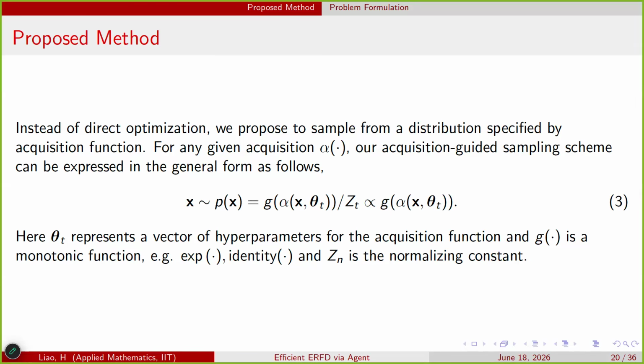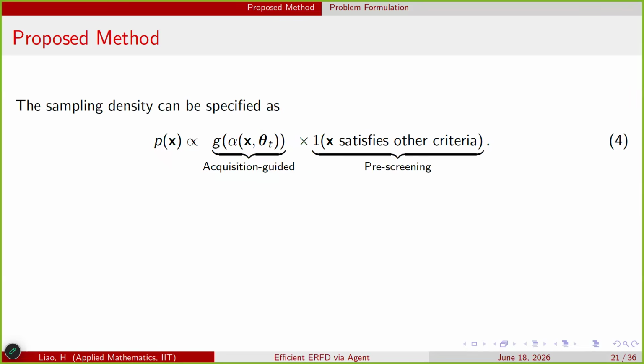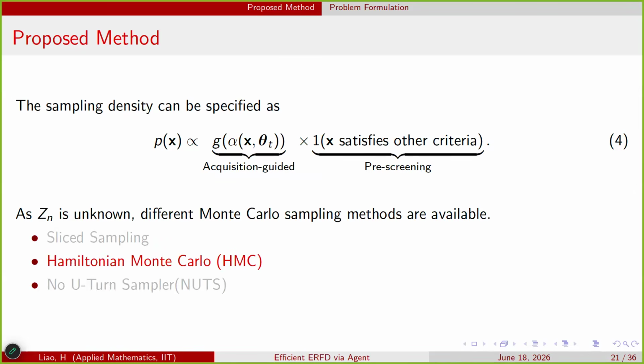It's very likely to be multimodal if you have a very complicated acquisition function. So if you are trying to get multiple data points in one batch, at one iteration, people just do parallel optimization and get different points, and then they add those points back to the data set. But with sampling, that's basically how it looks. It's an acquisition-guided part and the pre-screening part.